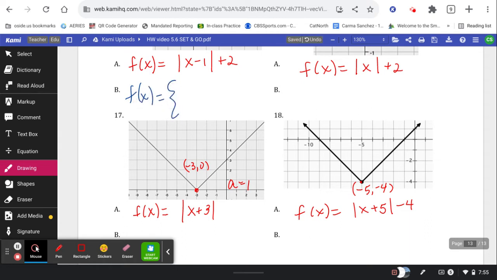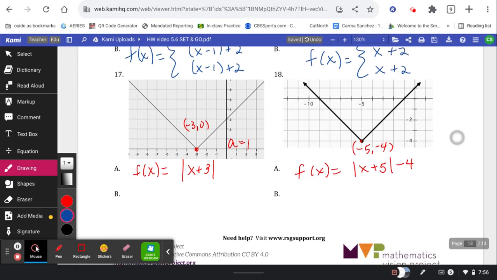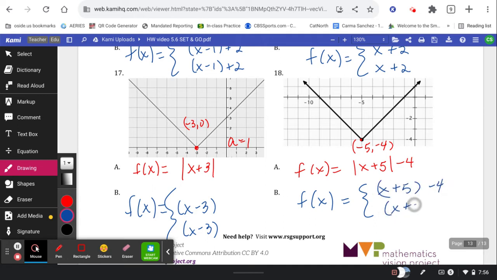And so slope of 1, x minus 1 plus 2, x minus 1 plus 2, slope of 1, don't even need parentheses on this one, x plus 2, x plus 2, slope of 1, x plus 3, x plus 3, and slope of 1, x plus 5 minus 4, x plus 5 minus 4. So there's our copy, copy, copy everything.